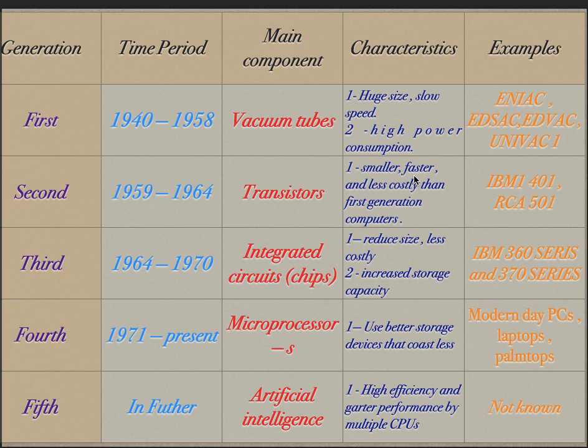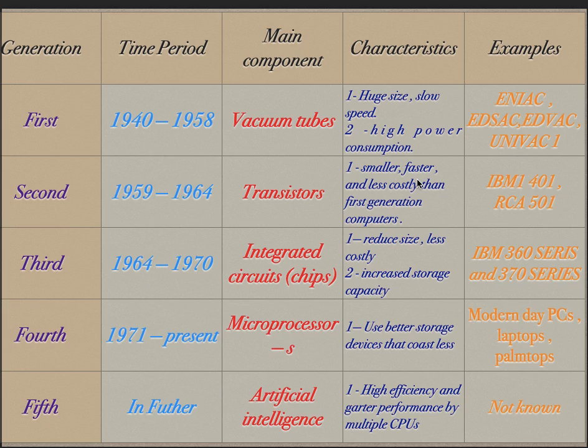It is even faster and less costly than first generation computers. The first generation computer is really expensive to build and operate, but here it is less costly, and it contained all the components of modern day computers, like printer, storage capacity, operating system, and so on.